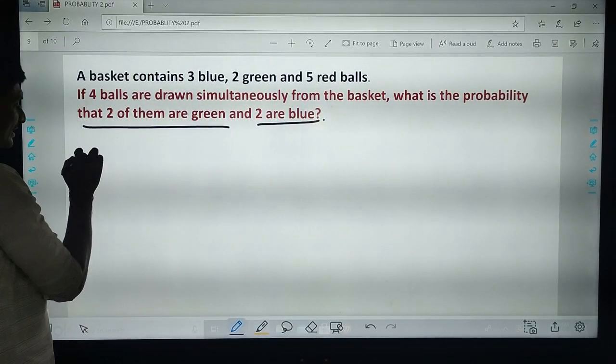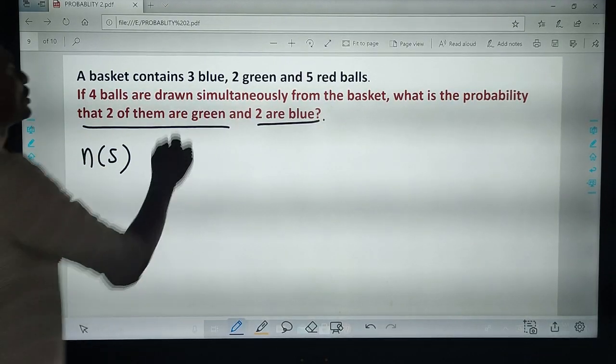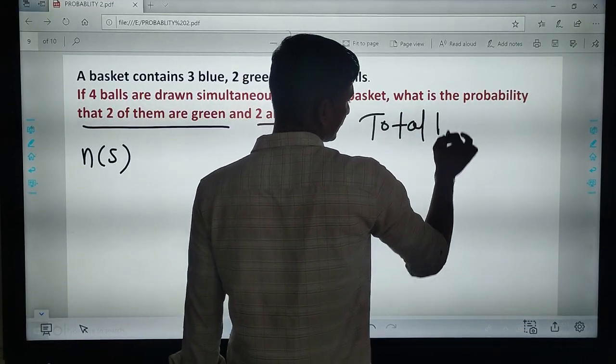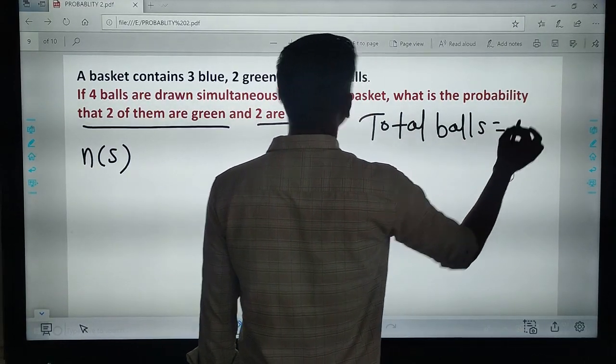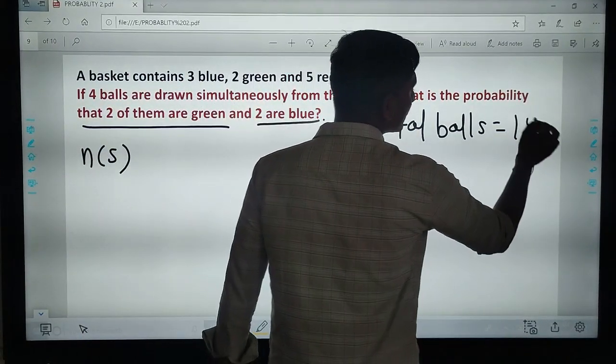Then we find firstly n of S. There are 4 balls drawn from the total balls, which are 3 plus 2 is 5, plus 5 is 10. Total balls are 10.